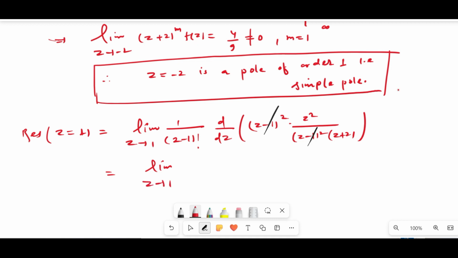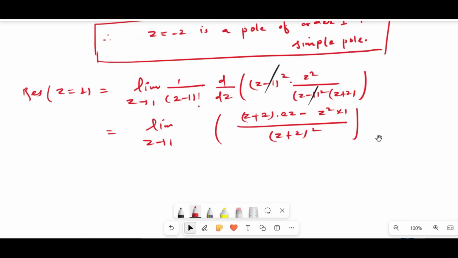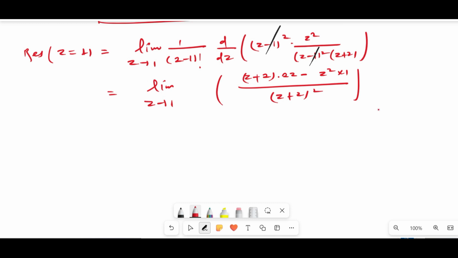So its derivative will be: z plus 2 times the derivative of z square, that is 2z, minus z square times the derivative of z plus 2, that is 1, over z plus 2 to the whole square. So now we can directly substitute the limit here.